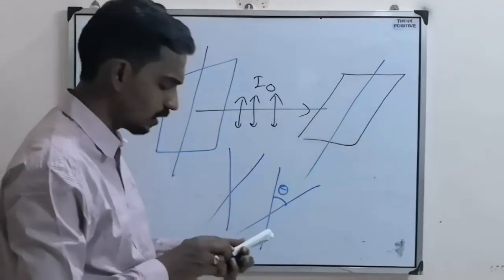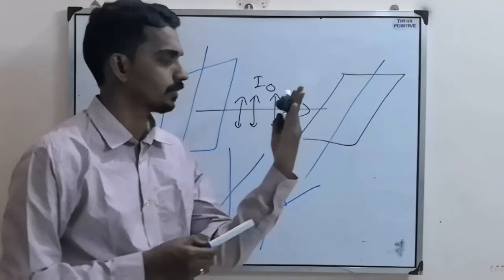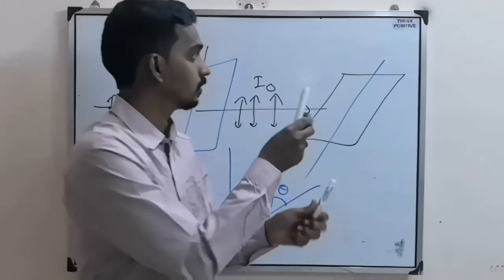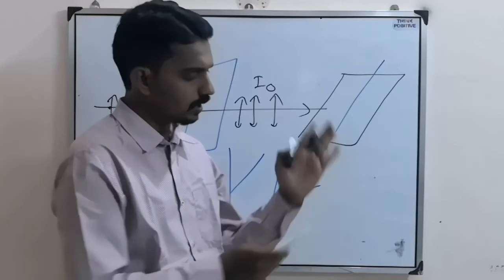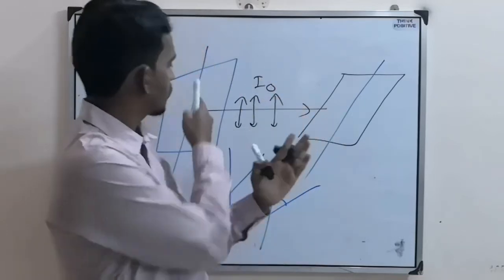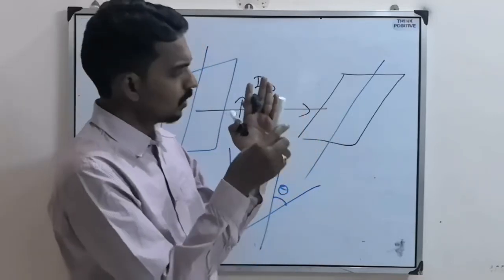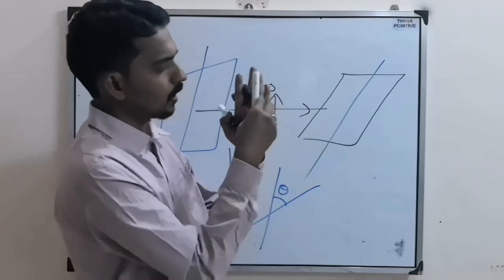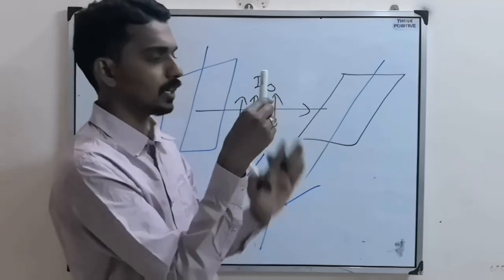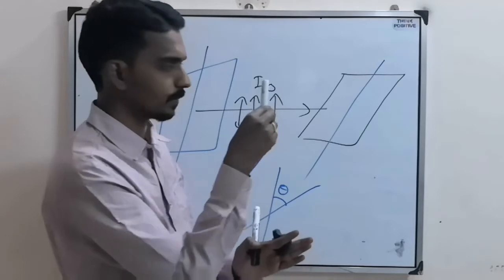Then what happens? Try to understand carefully here. This is the transmission axis of this one, so the electric field will come out only parallel to this one.